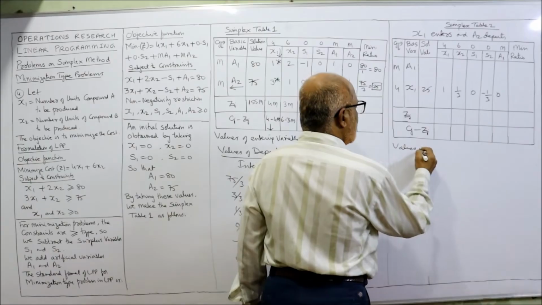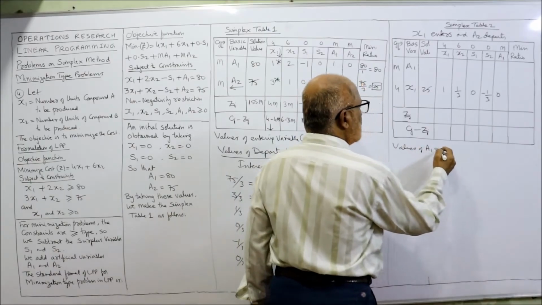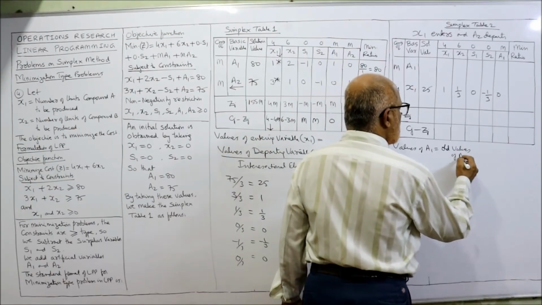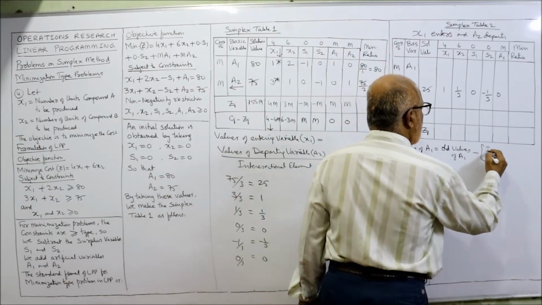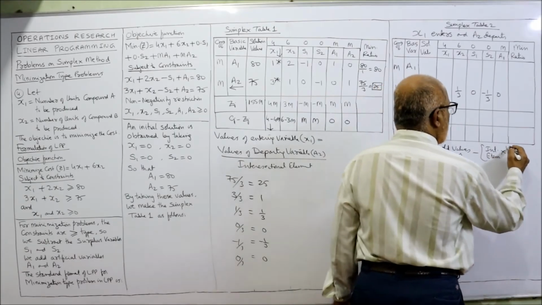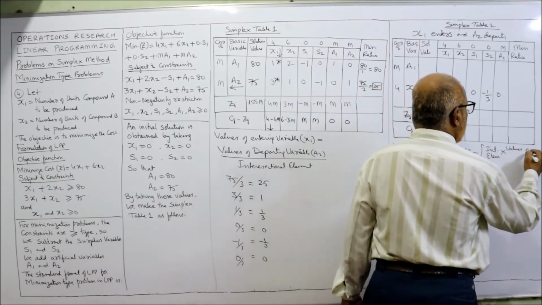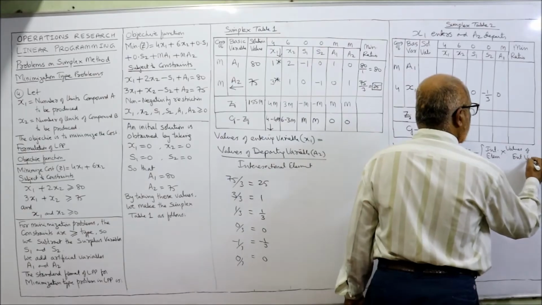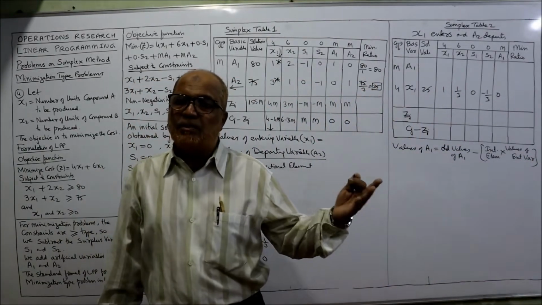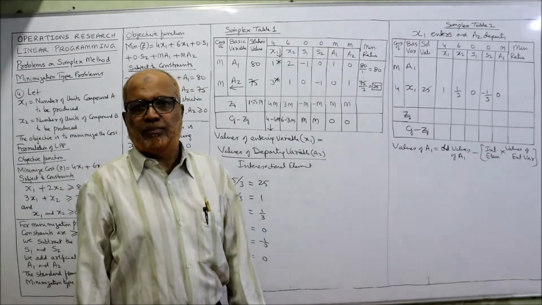Values of A1 is equal to old values of A1 as usual minus intersectional element into values of entering variable. Same formula that we applied in maximization type of problems.